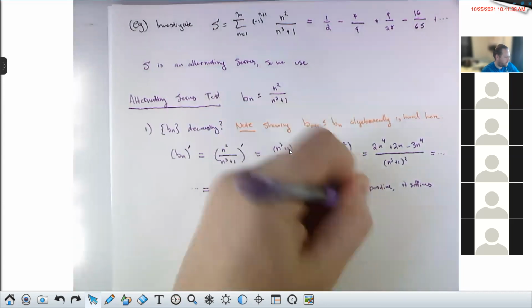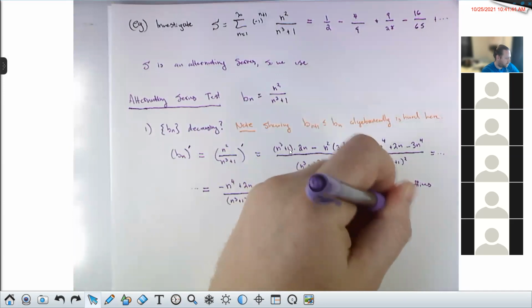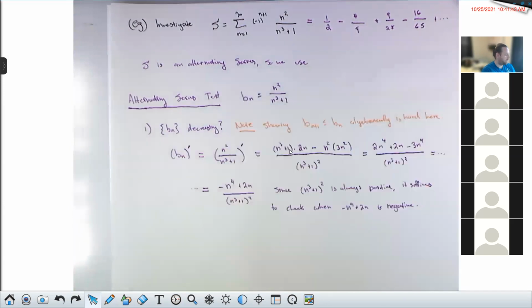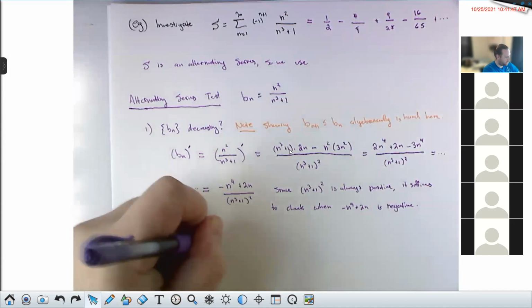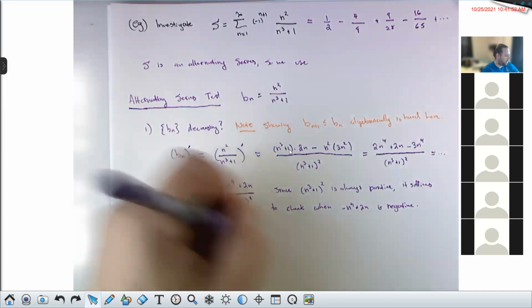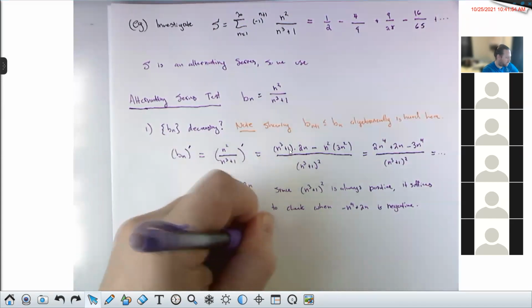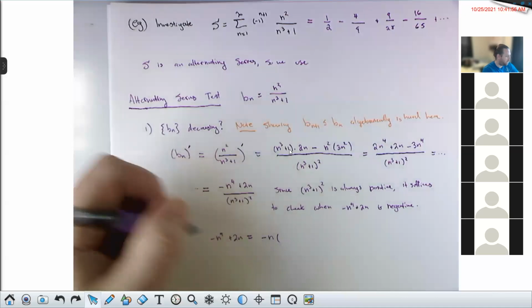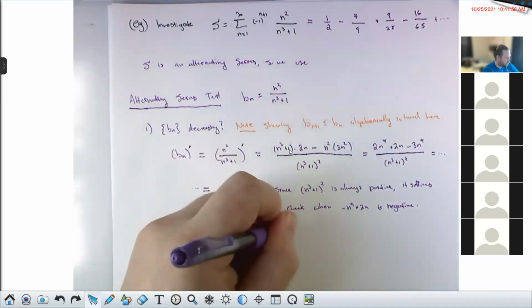Plus 2, sorry. So negative n to the 4 plus 2n, if I factor out a negative n, is n cubed plus 2 left.